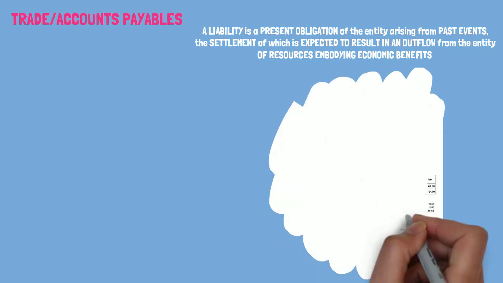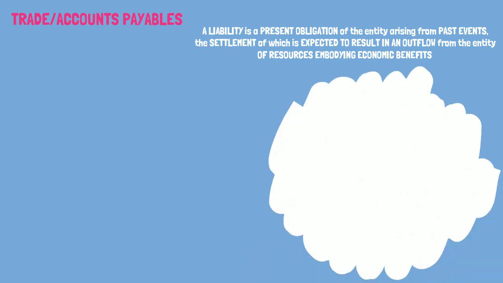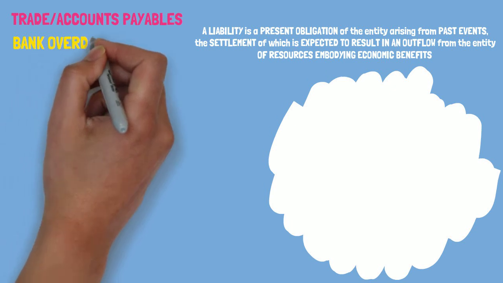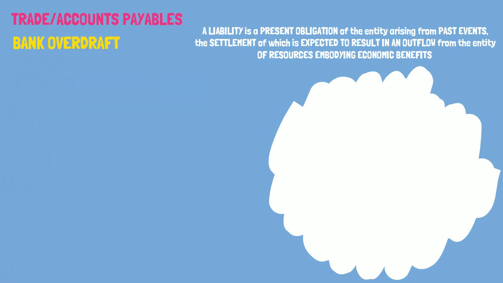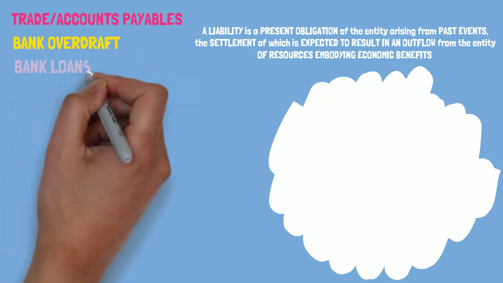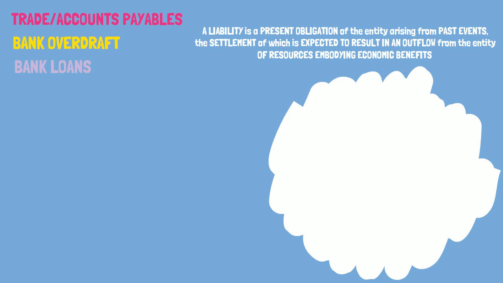The next thing we have are bank overdrafts. So these are whereby you have gone into the bank's cash balance, into the bank's resources, and you are using their money. And therefore your obligation is that you have to give that money back to the bank. It's not yours.